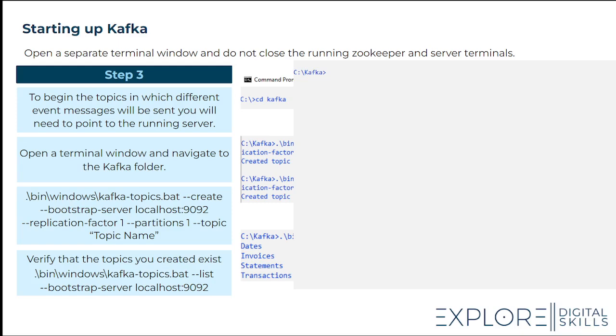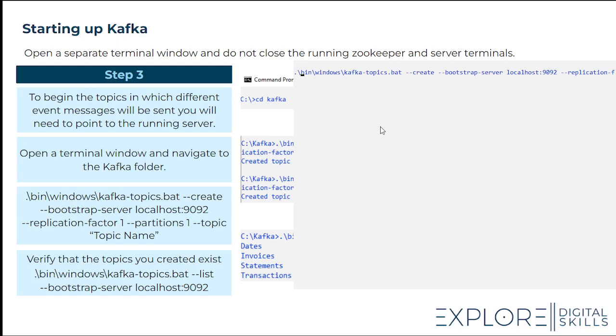As you can see, I've got a terminal window open, and in my terminal window, I am going to enter the following line of code. Much longer than before, but pretty important. It is going to be .\bin\windows\kafka-topics.bat.